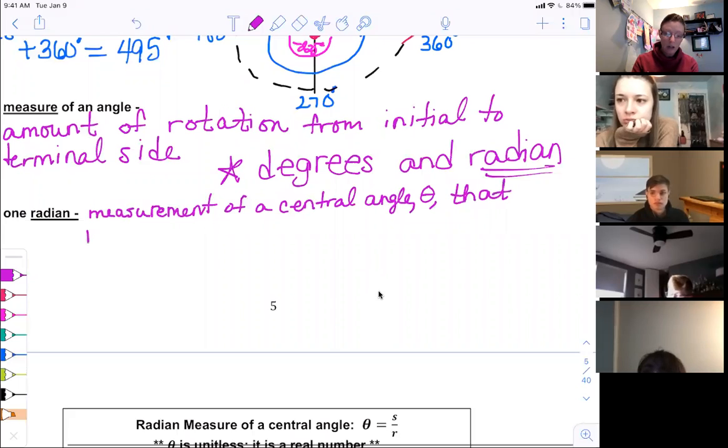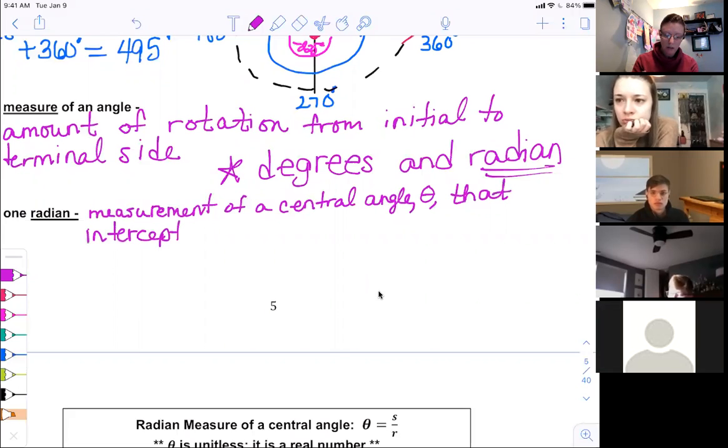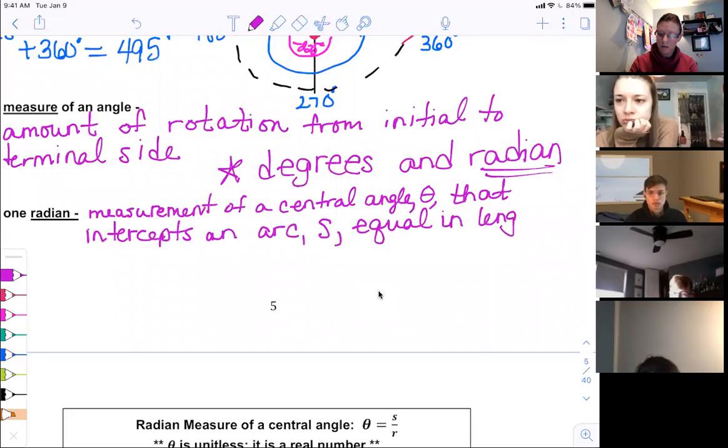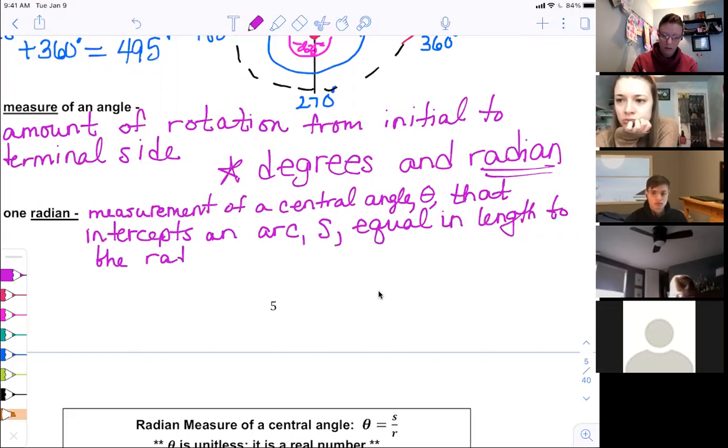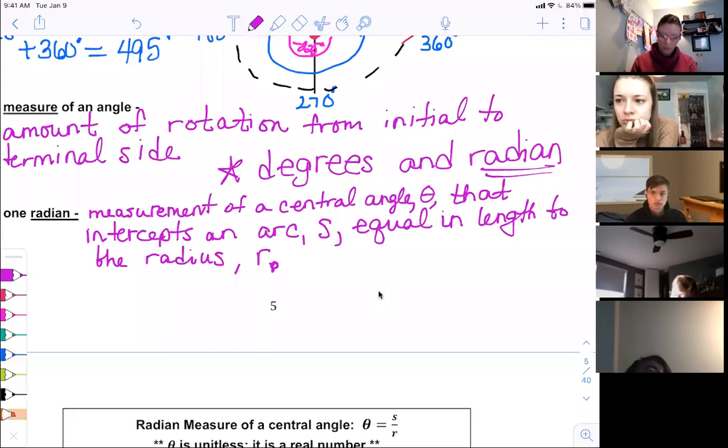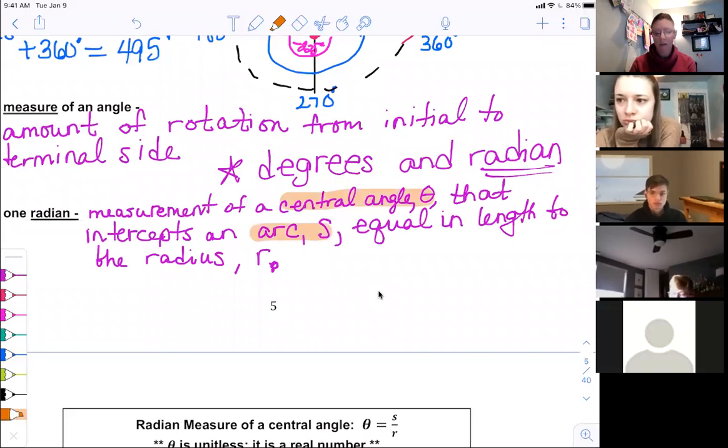That angle intercepts an arc, and we call that arc S. That arc is equal in length to the radius. And the radius is R.